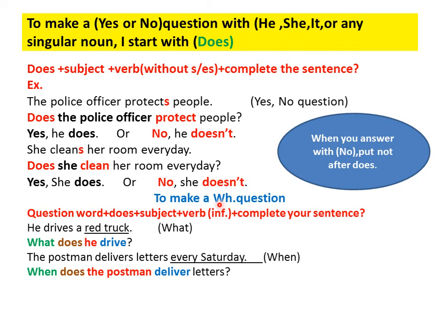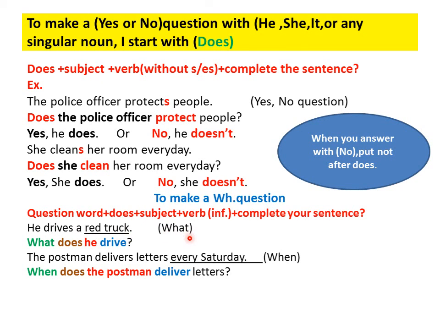What about a WH question? You are just going to add the question word before does. So the question word, then does, then the subject, then your verb in infinitive because we have does. Then complete your sentence and put the question mark. But pay attention that the part that you are asking about, you will not repeat it in the question. Example, he drives a red truck.